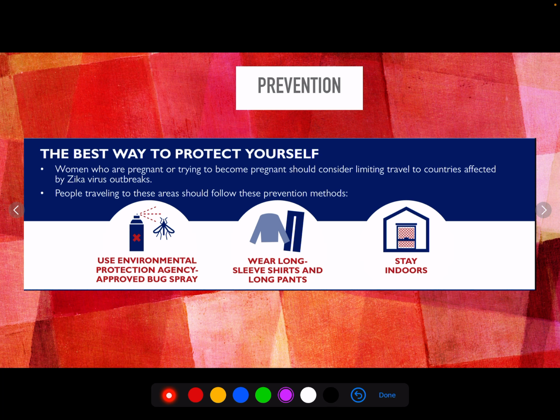Women that are pregnant shouldn't travel to affected areas, and people that do travel should carry these preventative measures. Another way is to have protective sex. So, like I said previously, wear condoms and that sort of thing.